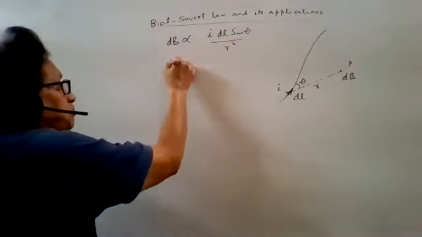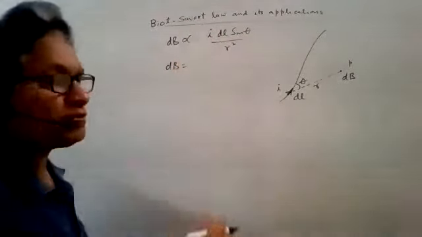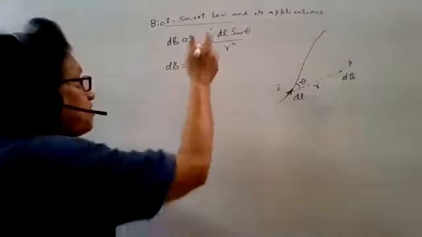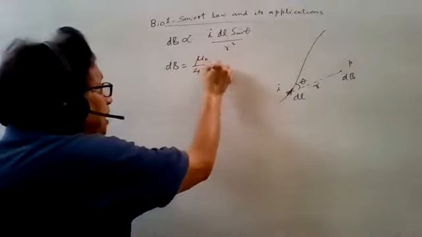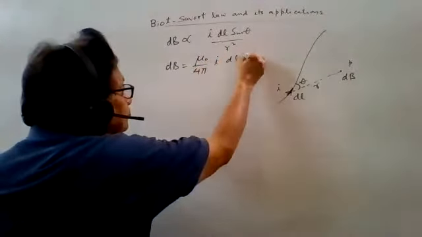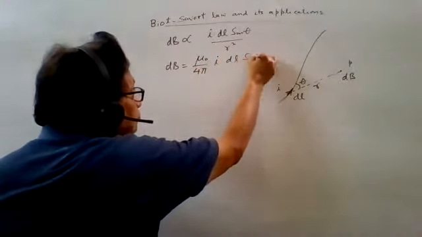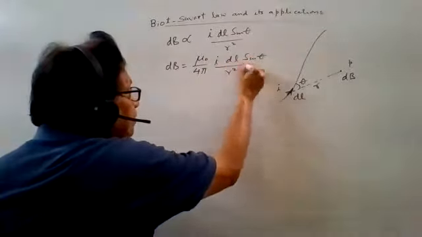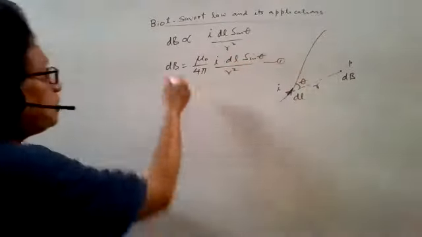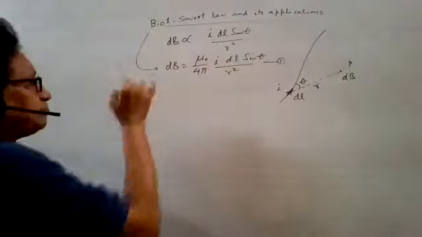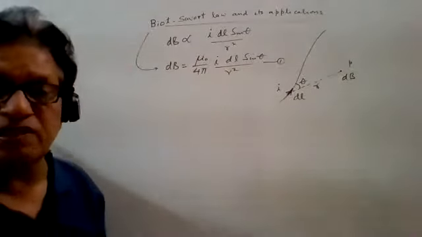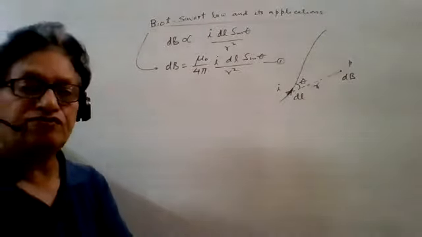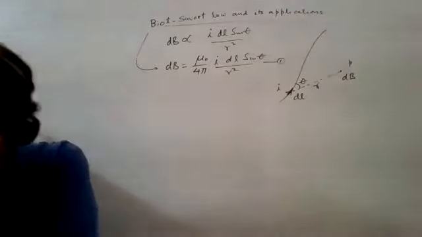If you replace this proportionality sign, the proportionality constant comes here, mu naught upon 4 pi. This is called Biot-Savart law, where mu naught is called the permeability of the free space or vacuum.